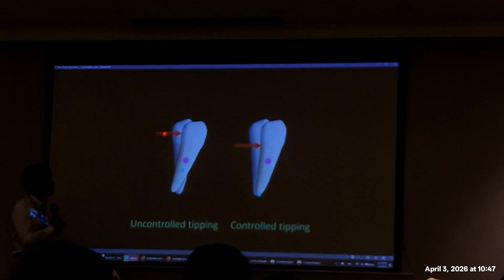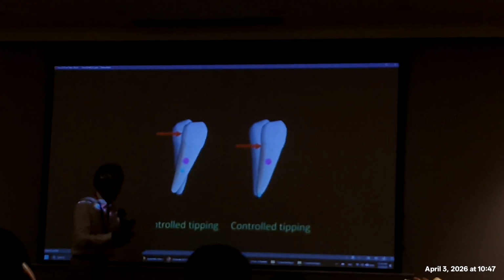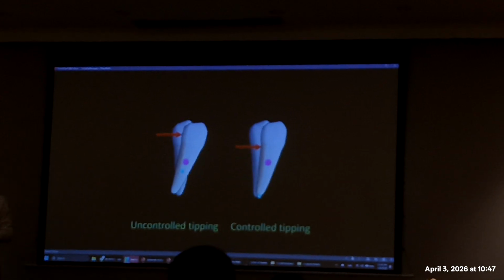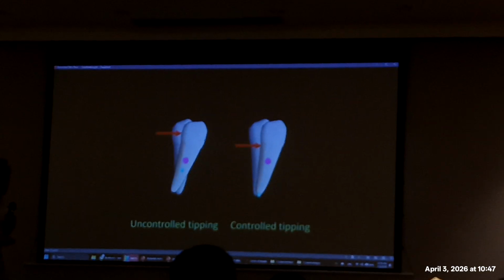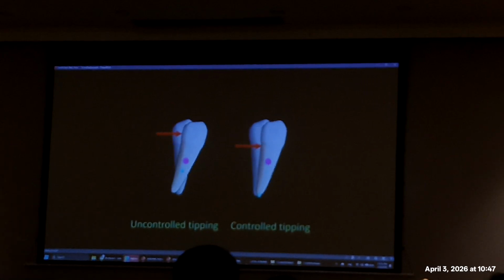So even if you are putting a force to the right side, the crown moves to the right side, however the apex moves to the other side. So it goes round tripping, unwanted movement, mostly. Also, the stress is very high here. So whenever possible, you should avoid uncontrolled tipping. Okay?